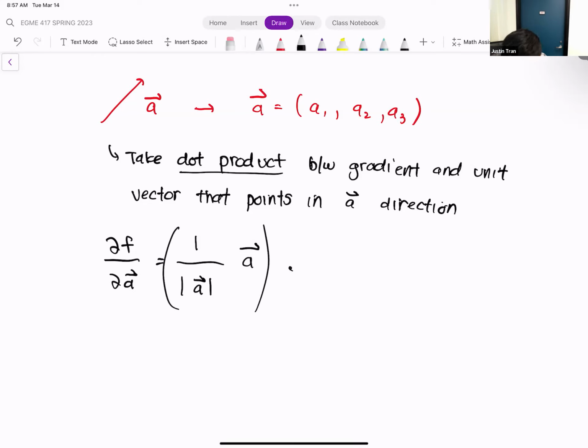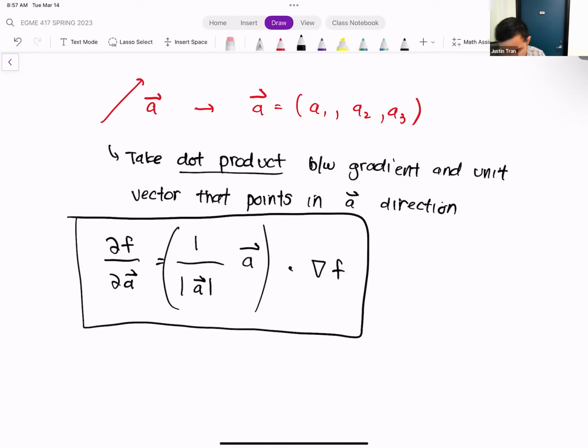And then we're going to take the dot product with the gradient. So first thing you do is that if you have your direction, divide by its magnitude to get the unit vector, and then take the dot product with the gradient of f.